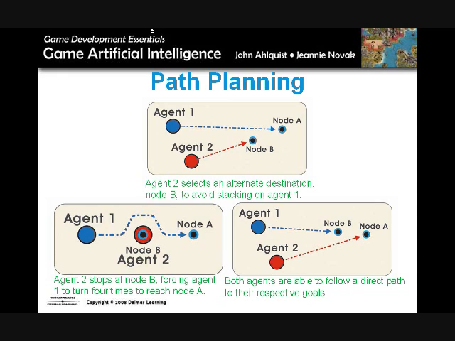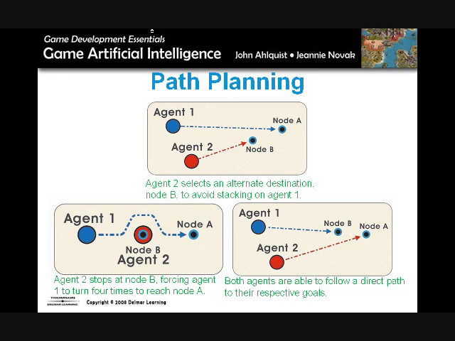Versus in the second instance, the bottom two images, what happens if agent 2 is able to get to its goal before agent 1 can get to its goal, so that agent 1 actually has to navigate around it? Agent 1 would have to do this weird, awkward path, or make a really sharp turn and then come back and make another sharp turn to get to its final destination.